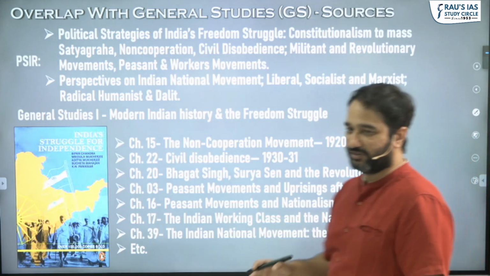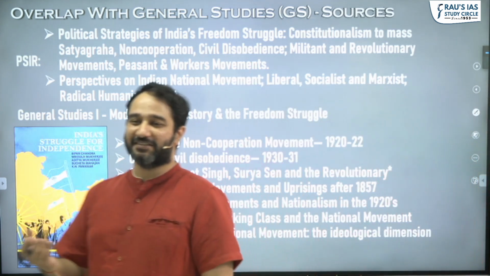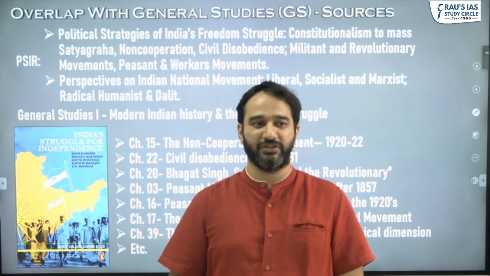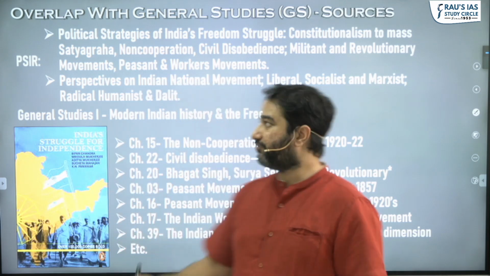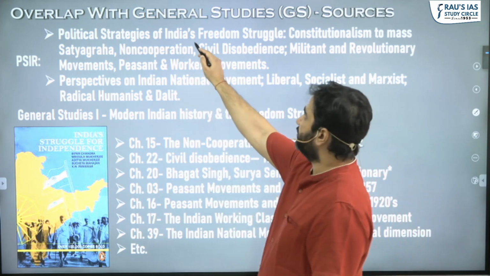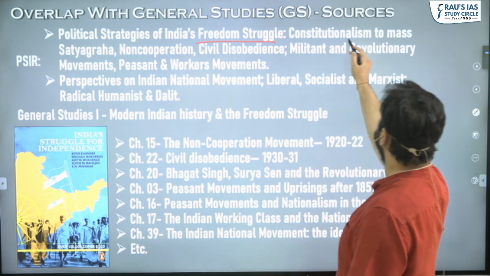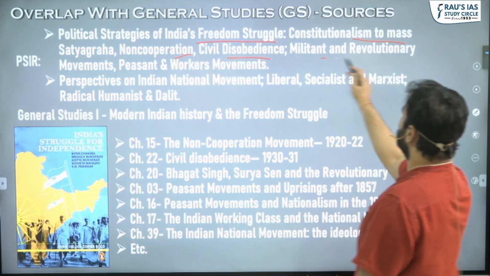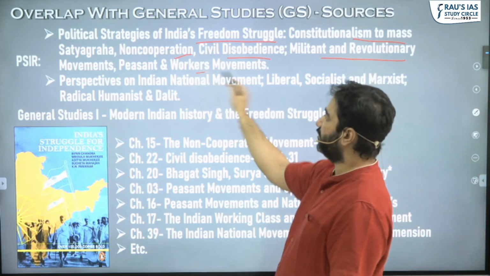I know most of you are referring to Spectrum, but the other book that is also famous is India's Struggle for Freedom by Bipin Chandra. If you look at the syllabus within PSIR, political strategies for India's freedom struggle, it talks about constitutionalism to mass satyagraha, non-cooperation movement, civil disobedience, militant and revolutionary movement, peasant and workers movement.